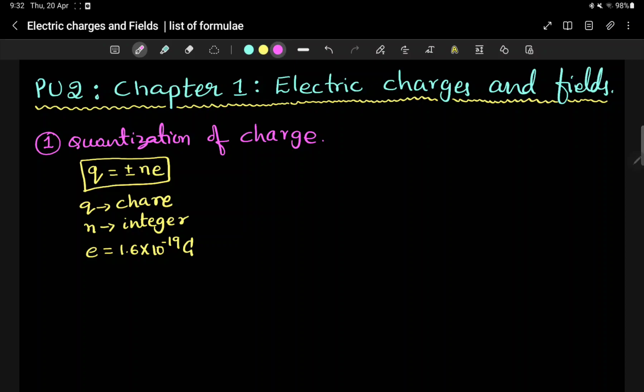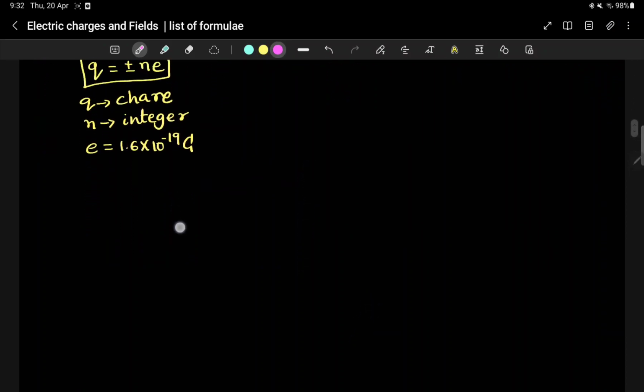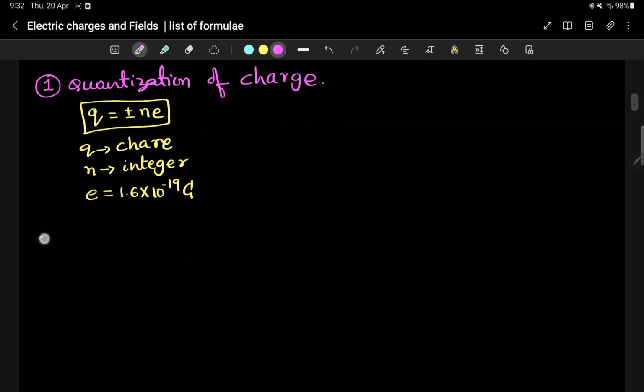Next we have the second formula, that is Coulomb's force. Let me write here, Coulomb's law of electrostatics.